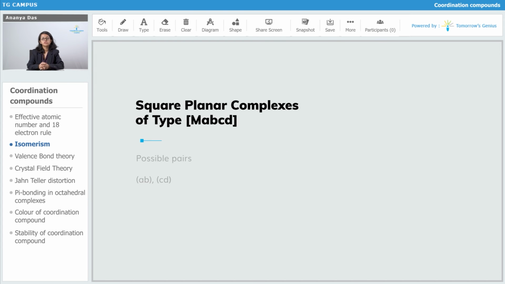Next we come to the square planar complexes of the type Mabcd. In this all of the ligands are different. There are 4 different ligands, and this is the first possible pair.